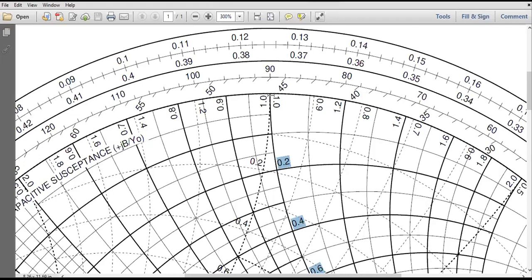This one is a dotted line and this one is the thick line. Now what is this thick line for? The thick line is for your reactance and the dotted line is for the susceptance. And whatever this dotted line is, it is 6, and the next dotted line 8.